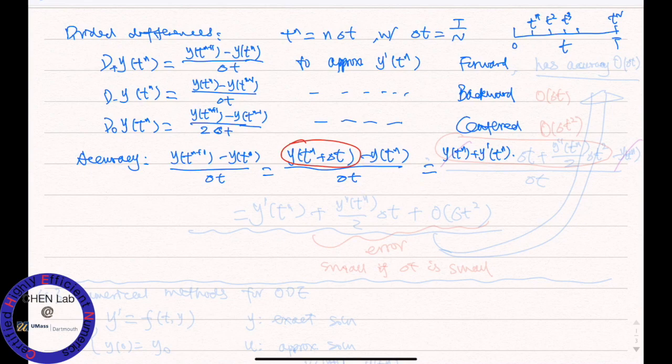We have Tn plus delta t minus Tn, which gives us delta t. The next term is going to be y double prime at Tn divided by 2 factorial, times delta t squared, roughly speaking. This is approximately equal to, so I'm replacing the first term by the expansion, minus y at Tn divided by delta t.